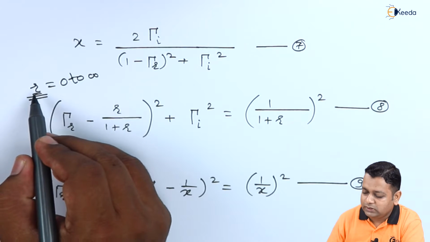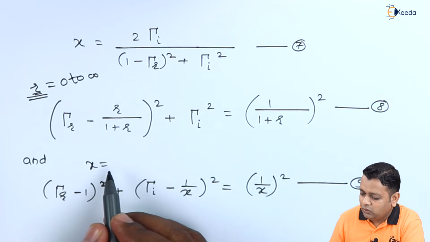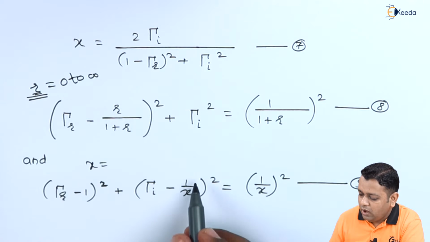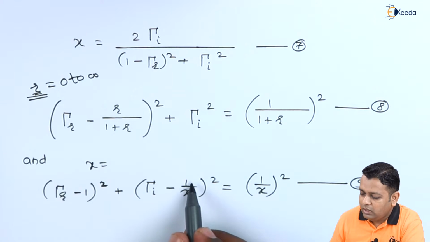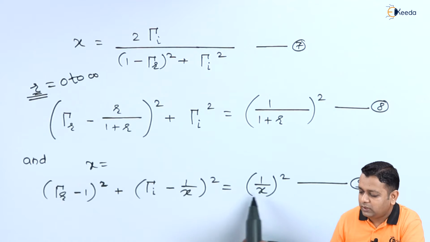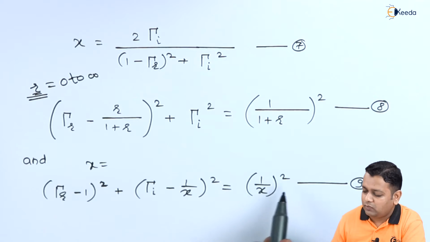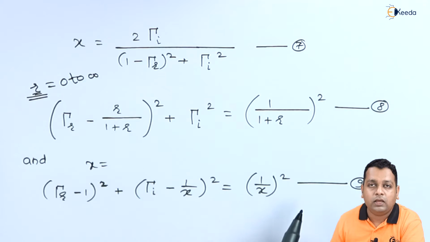R is the pure resistance, x is the reactance value, and for the x circles we have the radius represented by 1 upon x. So 1 upon x is nothing but the radius of the reactance circles that we can plot with the help of this particular equation.